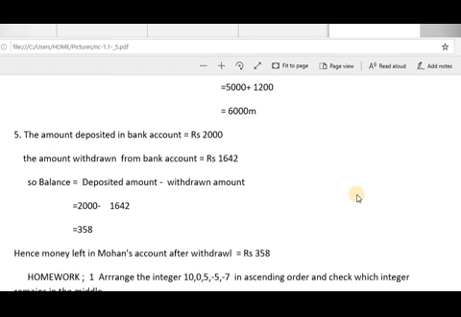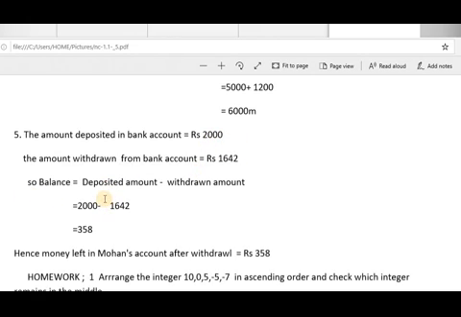In question number 5, Mohan deposited a sum of rupees 2000 in the bank, and after that he withdrew rupees 1642. What is the balance? The amount deposited in the bank account equals rupees 2000, positive in that sense.